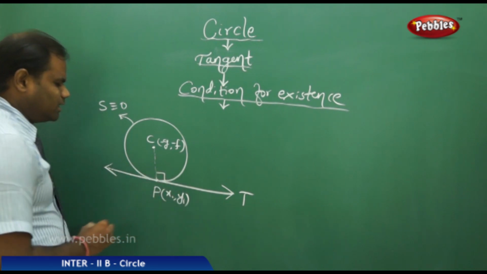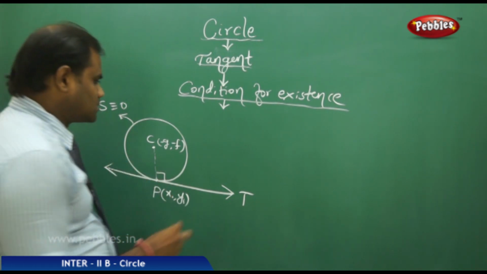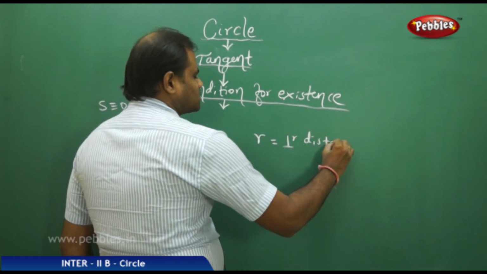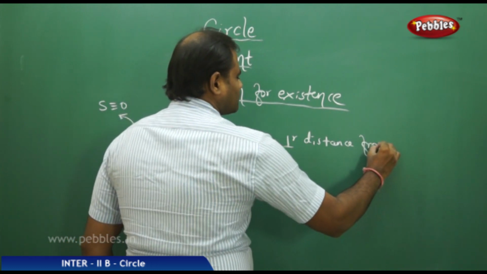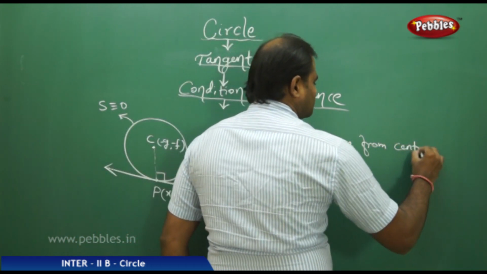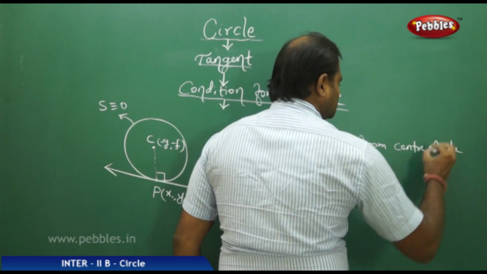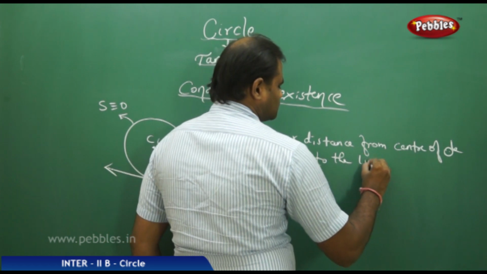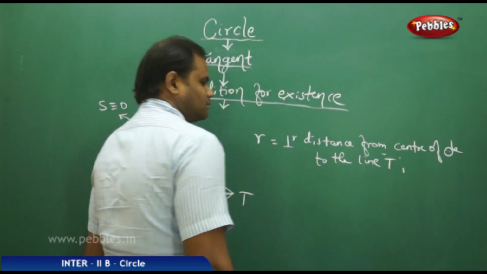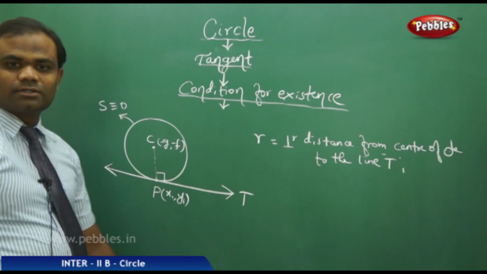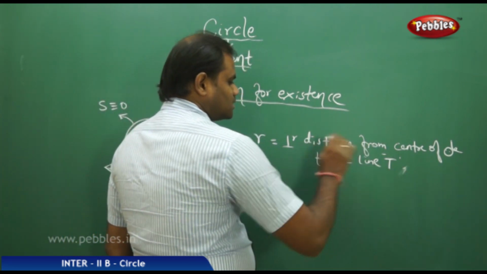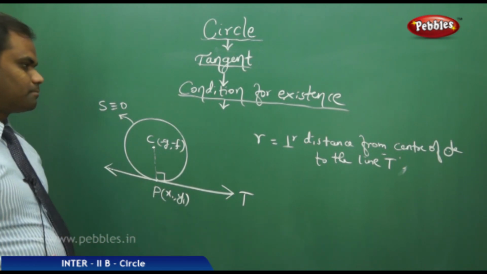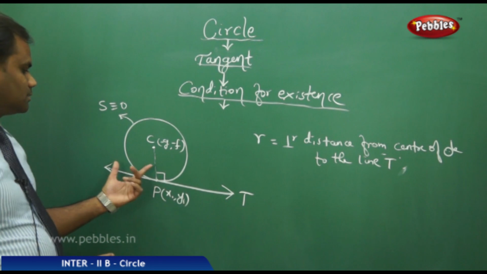Now the condition for a line to be a tangent to the circle is that the radius must be equal to the perpendicular distance from the center of the circle to the line is what we conclude. If this is equal to this, then the whole of this perpendicular distance will give us the condition.